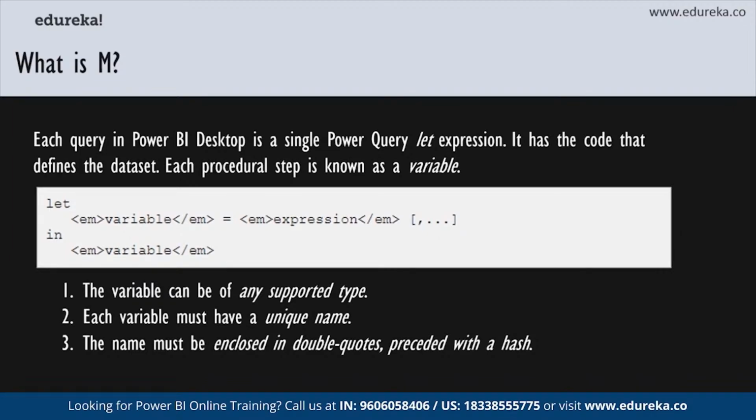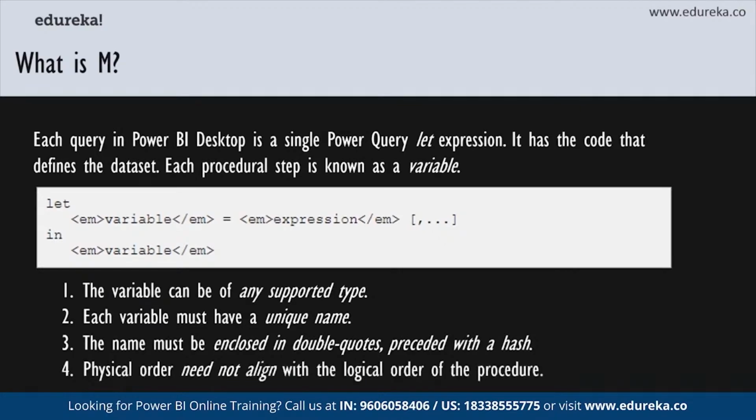Now, the variable names are also the same names that are used to identify steps in the applied steps section in the query editor's right pane. So I think it would be wise to use names that make sense. Now, strictly speaking, you do not have to define your procedural steps in the same physical order as the logical order. As in, for example, you can reference a variable in the first step of your procedure and then define it at the last step of your procedure.